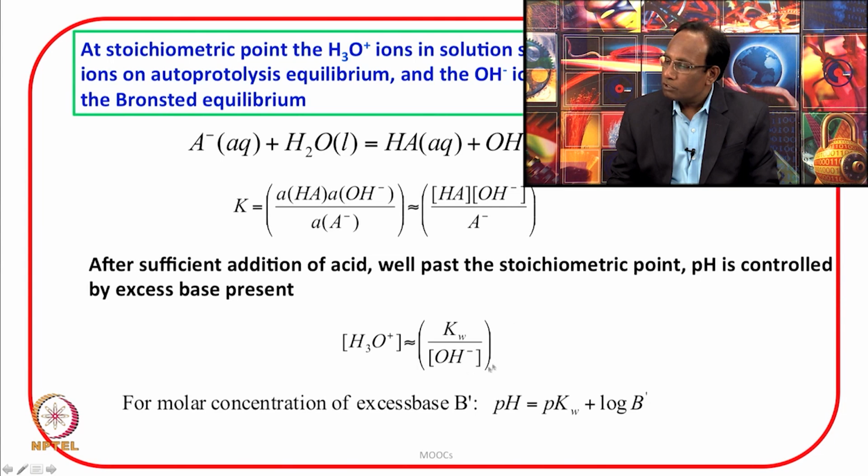Why am I doing it? Because we have discussed these things many times, and eventually one will get this relation: pH is equal to pKw plus log B, where B is the amount of the base that is present in solution. So, that is what I was trying to comment upon, that the pH of the solution is controlled by the excess base which is present in the solution.